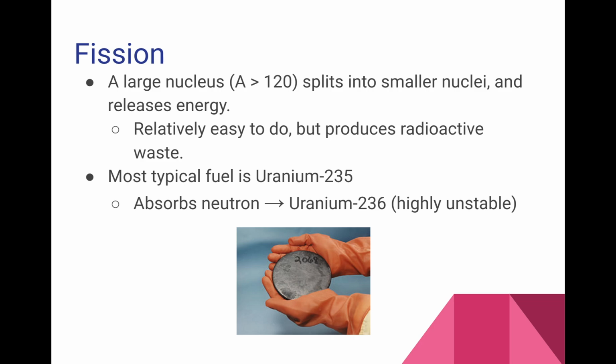That's the cookie that's going to break for us. We don't really have to do much. We just have to have enough uranium-235, a piece physically big enough that the probability of a random neutron flying around the room, hitting it and being absorbed by one of those uranium-235 nuclei is highly probable, then it will become that uranium-236 and do the splitting for us.